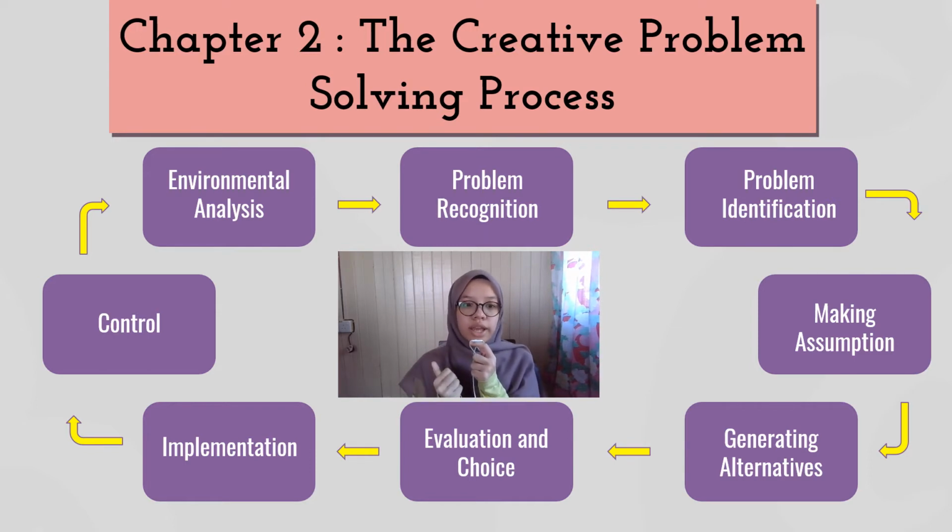For example, what happened or will happen to the organization, or who does it or will it affect? And the third question is where did it or will it have an impact on the organization? After that, we move on to the fourth stage, which is the stage of making assumptions.